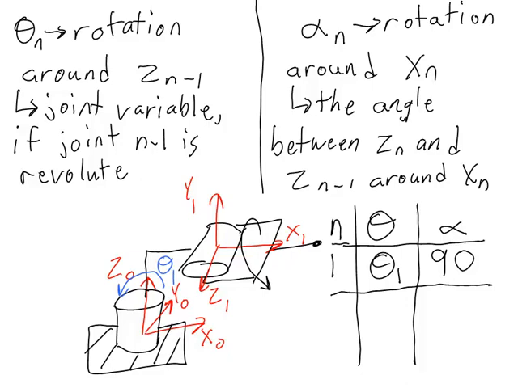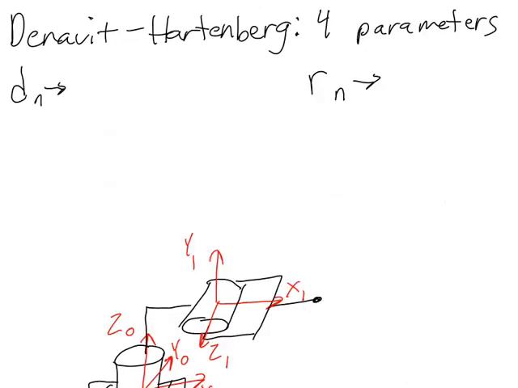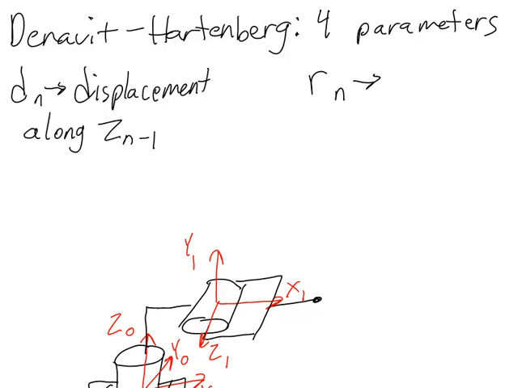Now, let's look at the two displacement parameters. The two displacement parameters are called d and r. D is defined as the displacement between the two frames along the Zn-1 axis. Rn is defined as the displacement between the two frames along the Xn axis.